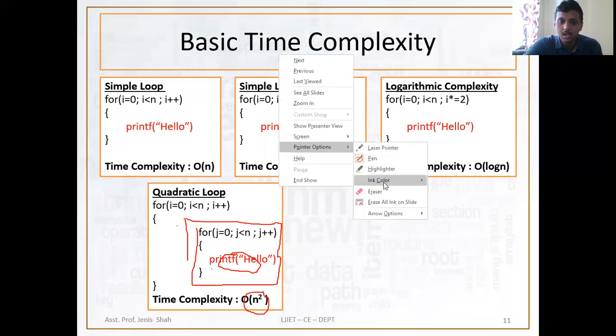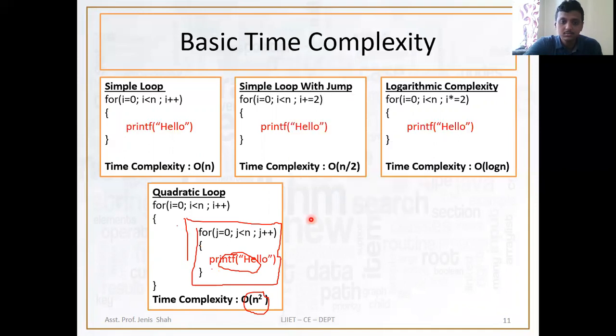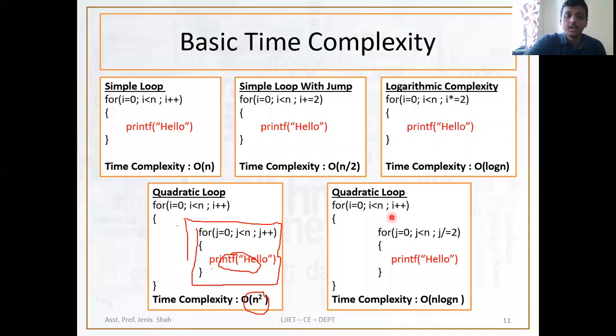Now next, the quadratic-style loop with O(n log n). How will it be O(n log n)? Because the outer loop will be executed n times.